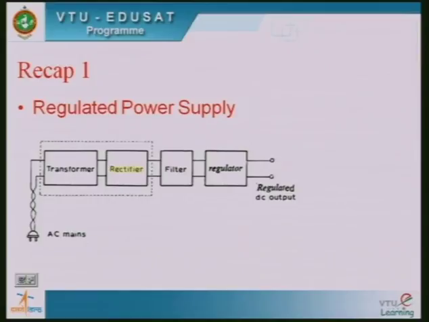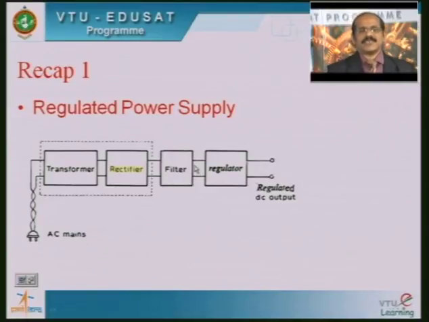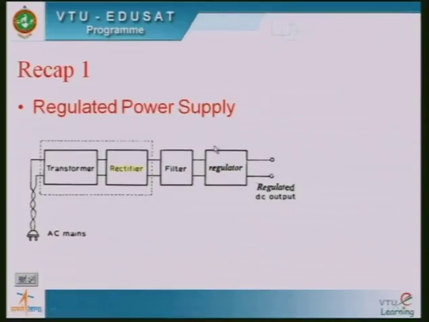Using a suitable filter, we are able to remove the AC ripple content of the pulsating DC. Finally, what we get at the output of the filter is almost a continuous DC signal with lesser ripples. That output of the filter is once again fed to a voltage regulator.